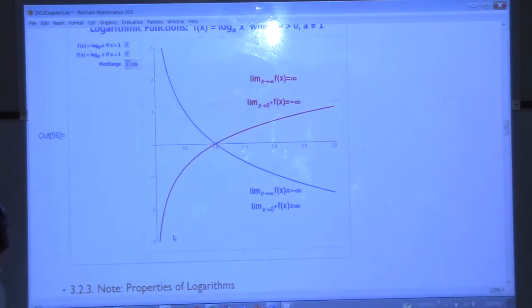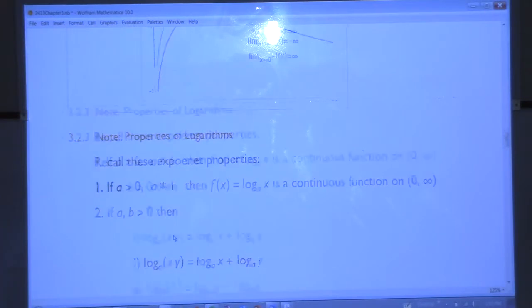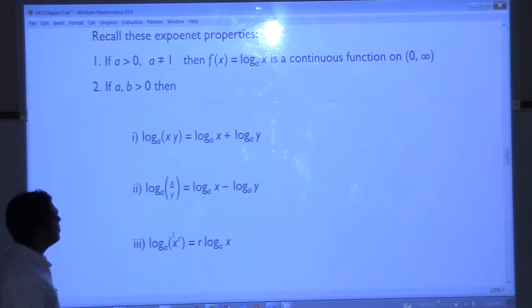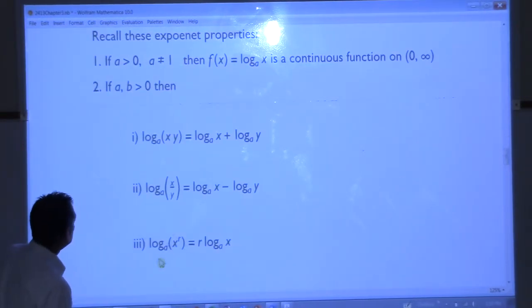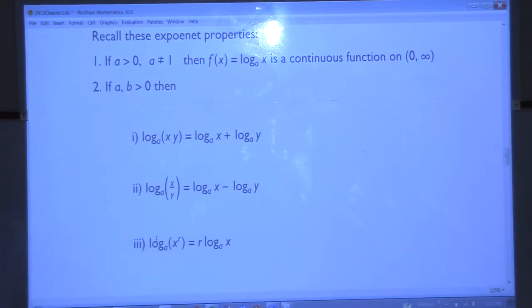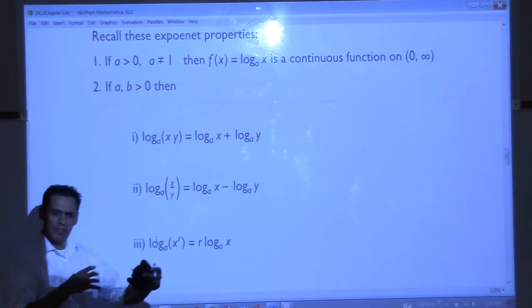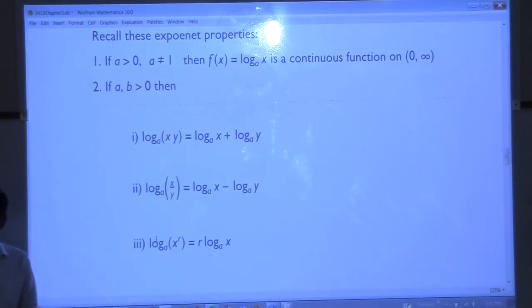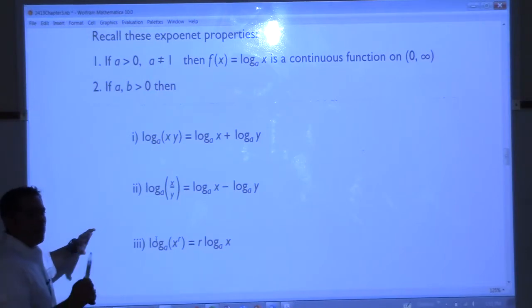All right, so logs, that's what they look like. Limits, and so on. Properties of logs. Super crazy properties with logs, right? When you're learning in college algebra how to condense and expand log expressions, you have all these important properties. Logs behave in a way that not many things do.